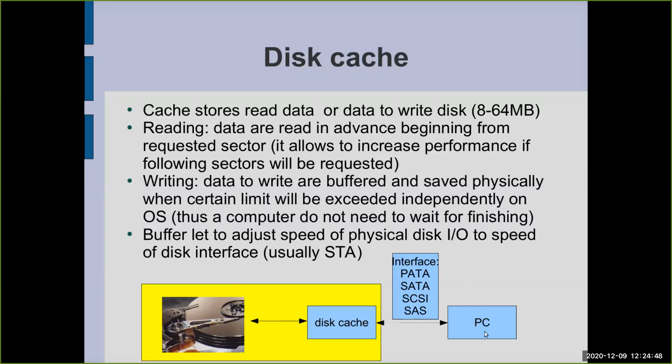Otherwise, if the file is smaller, it will be transferred to cache with a speed limited by the interface throughput. And interface throughput is several times higher than the hard drive performance.